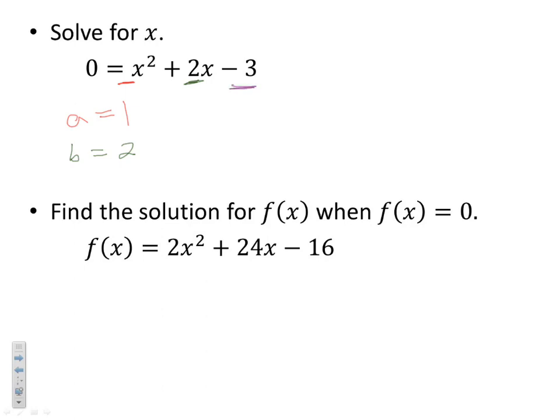So that means that C is going to equal negative 3. And I'm going to plug those numbers into the quadratic formula, and that is going to give me my solution. So I can check my answers as well by using the quadratic formula. And I'd like you to take a minute now and solve these two problems using the quadratic formula, all right? So take a minute and do that real quick. Pause the video and do it.